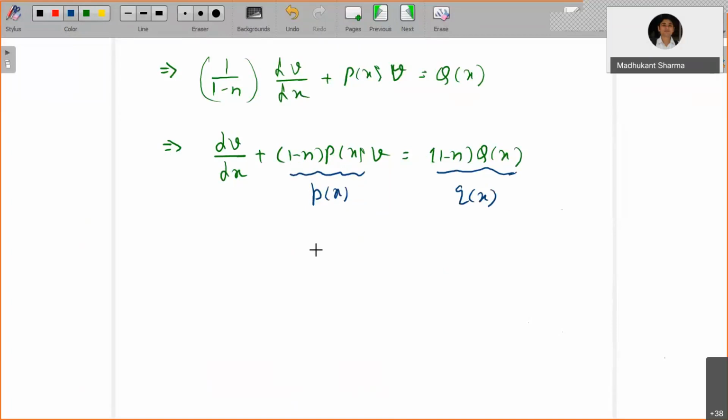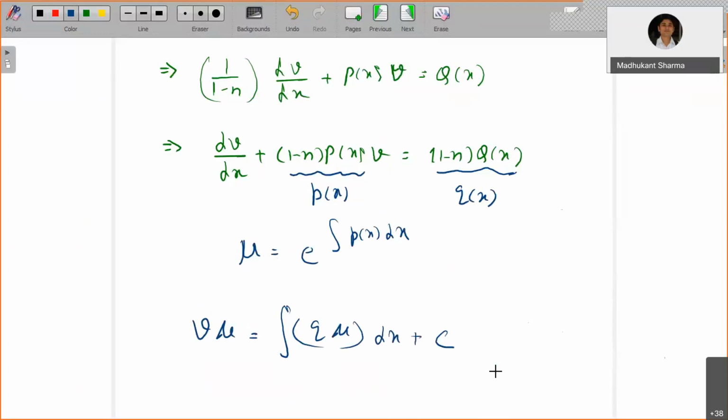So this is a linear first order differential equation in v and x, which can be solved. For this you can find the integrating factor: mu equals e to the power integration of p of x dx, and then you can write the final solution, which is v times mu equals integration of q mu dx plus c.